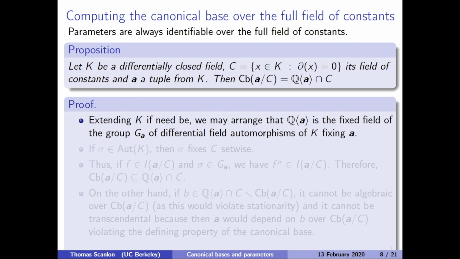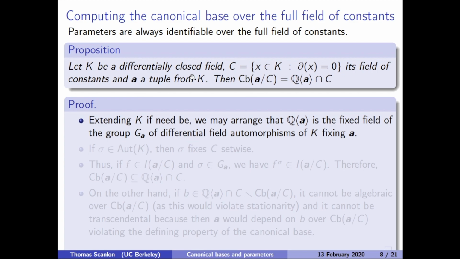So in particular, you can arrange that the differential field generated by this tuple A is just the fixed field of the Galois group. Okay, I shouldn't say differential Galois group because I don't mean the Picard-Vessiot group or anything. The field of the group of automorphisms of the differential field which fixes that tuple. Okay. So arrange that. It's just the usual algebraic nonsense that you can arrange that the fixed field of the automorphisms is exactly the differential field generated by the tuple.